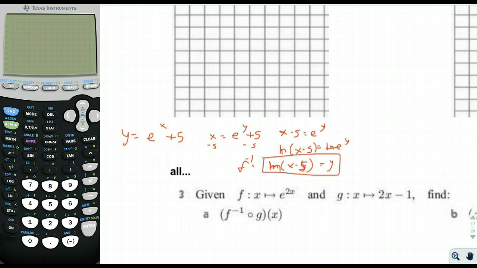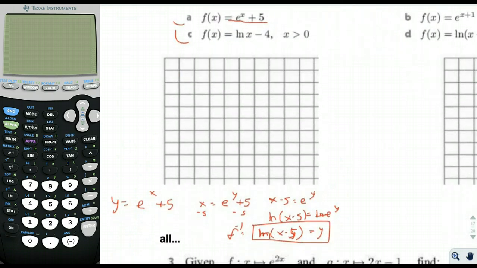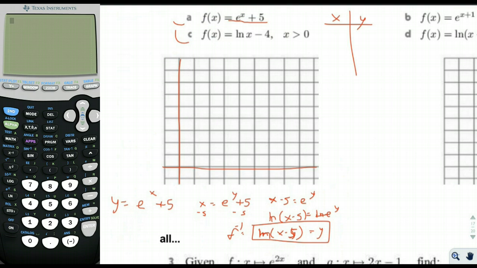Okay, and then it says to sketch the graphs on the same axes. So for the e to the x function, if we put the x and y axes here, then we make a little chart to graph the x's and y's for e to the x plus 5.